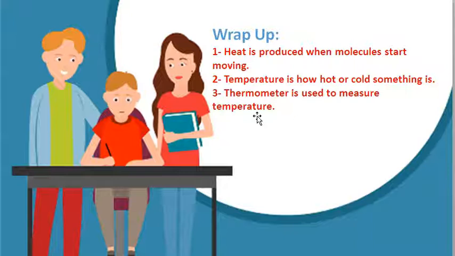There are two main scales for measuring temperature, Celsius capital C and Fahrenheit capital F. Most countries around the world, including Pakistan, use the Celsius scale. The temperature at which water boils is 100 degrees centigrade, and the temperature at which water freezes is 0 degrees centigrade. The instrument for measuring temperature is called a thermometer. Got my point?